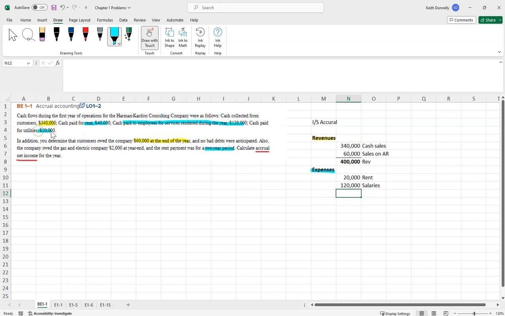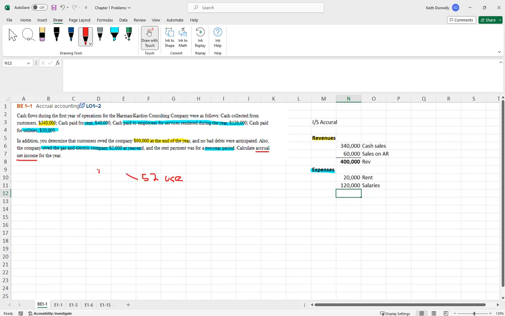It looks like we paid 50 in cash, but they tell us here that we still owed 2 at the end of the year. So what's going on here is we used 52,000 during the year. That's what we used in utilities.